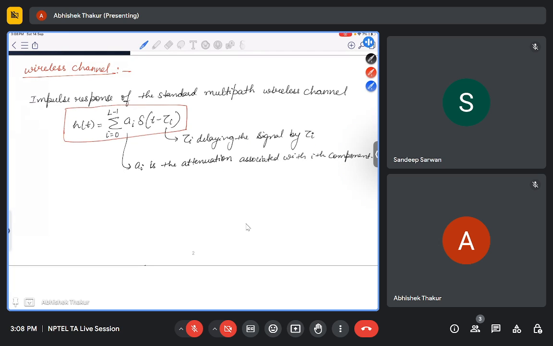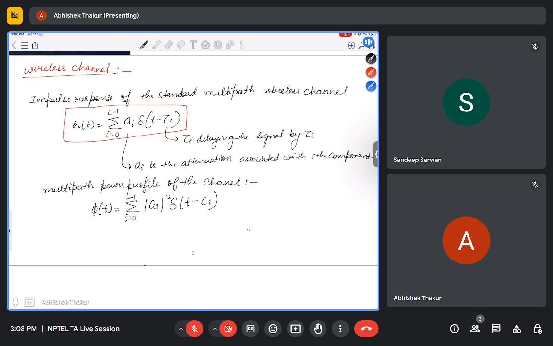From this equation of impulse response of the channel, we can also write the power profile. The multipath power profile, power will be the square of this amplitude. The multipath power profile of the channel is denoted by phi(t). Phi(t) is equal to summation i equal to 0 to L minus 1 of mod of a_i square times delta of t minus tau_i.